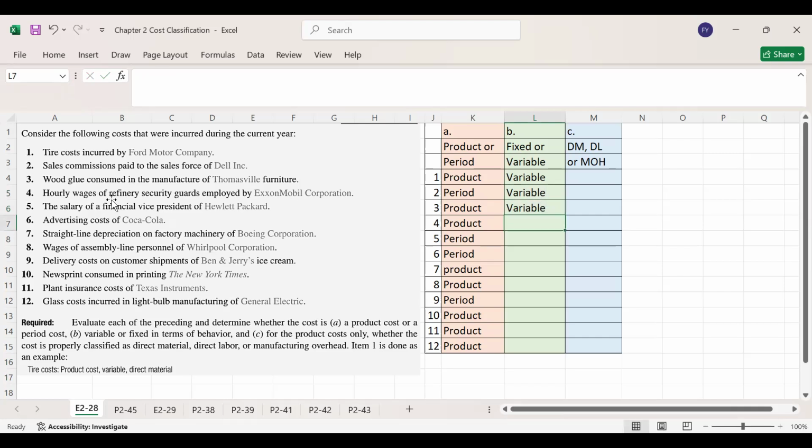Then we have hourly wages of refinery security guards. Refinery security guards' salaries may be fixed irrespective of the number of units produced or sold.